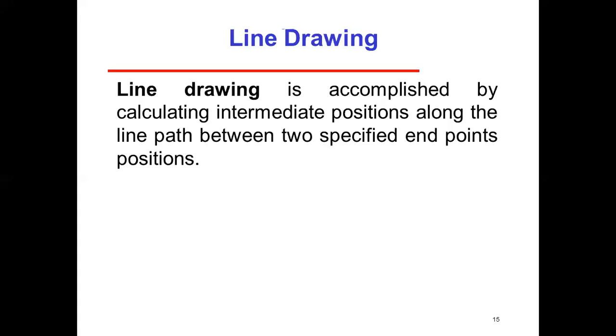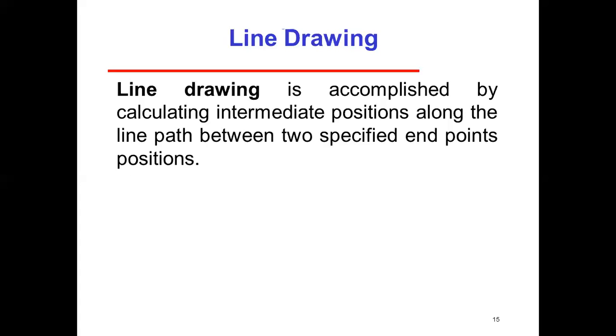Among them, the first is called the symmetrical DDA, that is the digital differential analyzer. The first method is called the symmetrical DDA. What is the DDA? Digital differential analyzer.